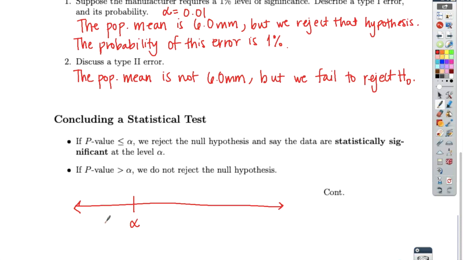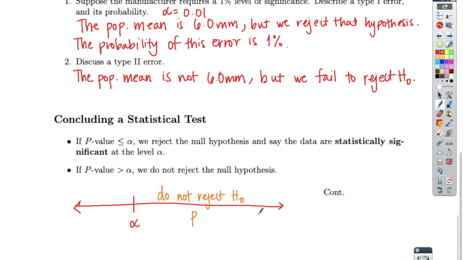They have to give it to you in the problem. If the probability you find is on this side, anything greater, then you do not reject your null hypothesis.